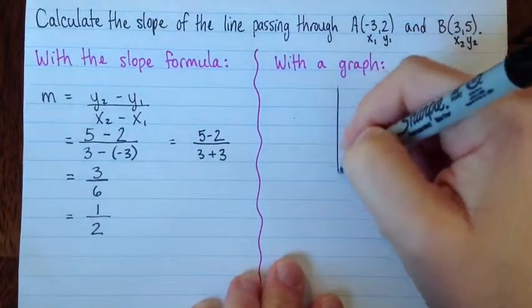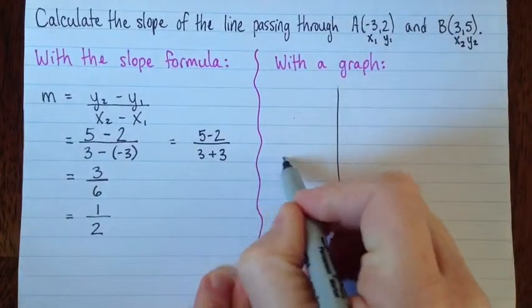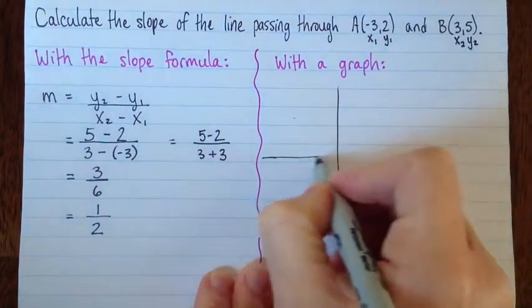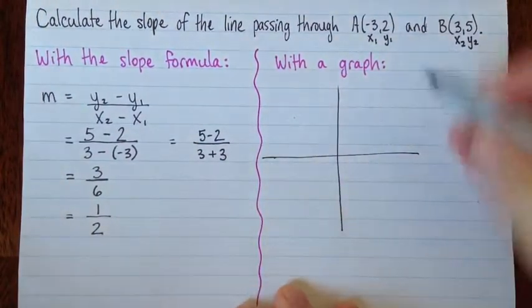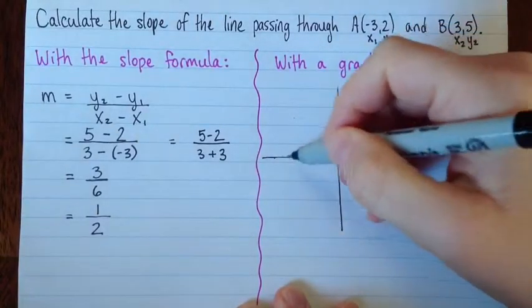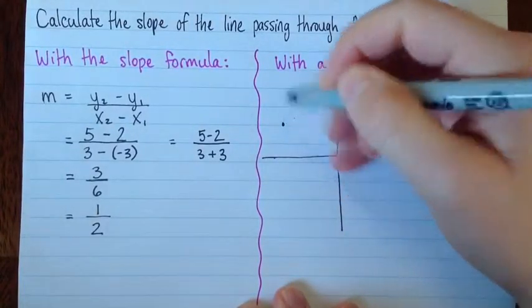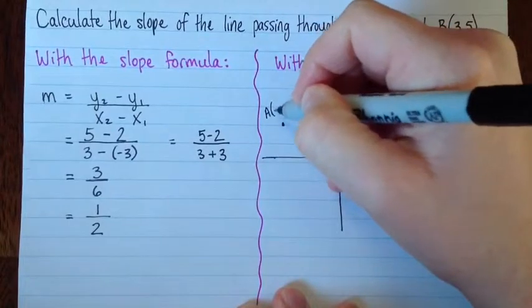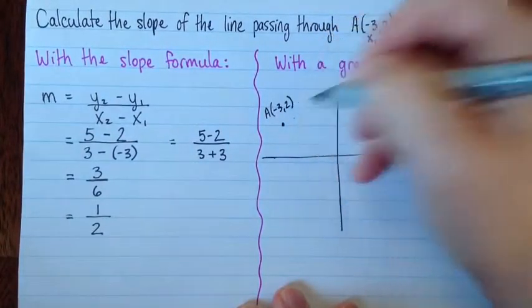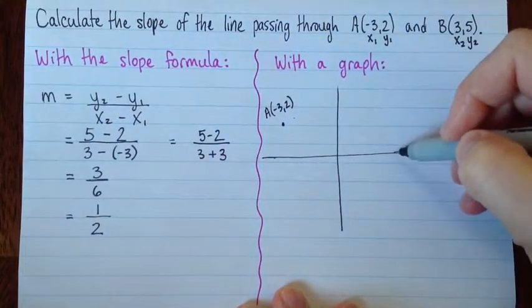Let's just sketch a graph. Won't necessarily be perfectly accurate, just to get an idea. So the point A is at -3, 2. And the point B is at 3, 5.